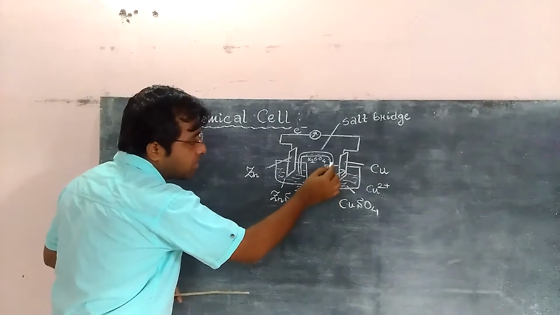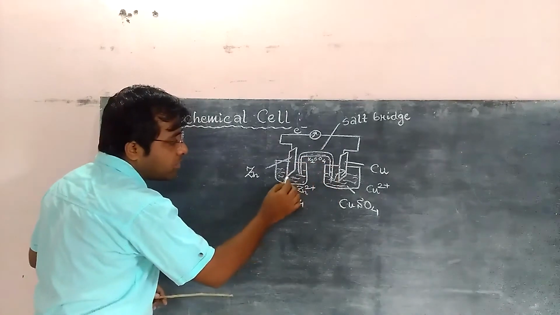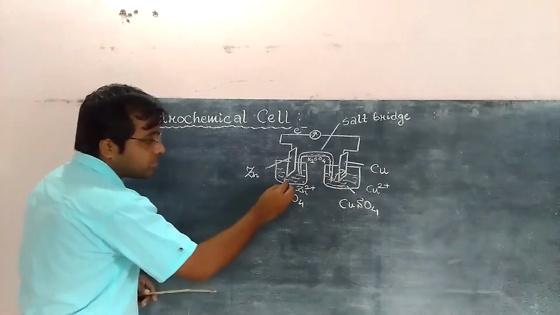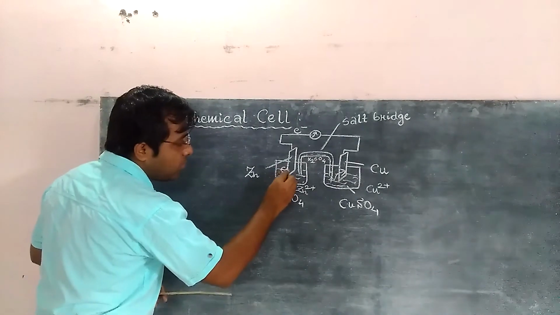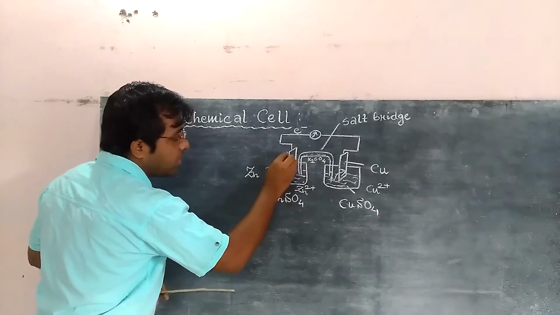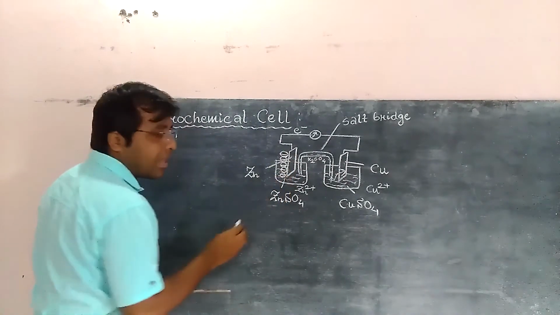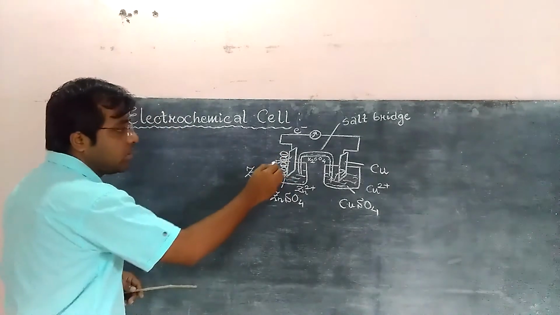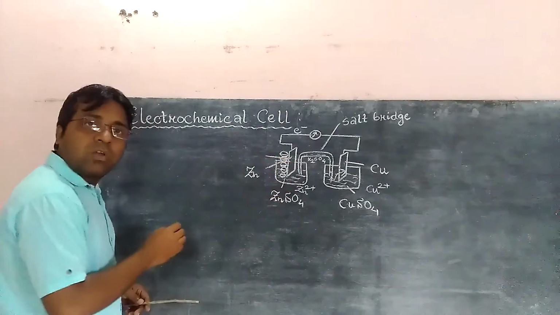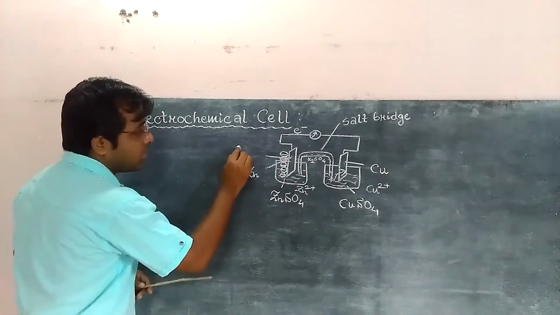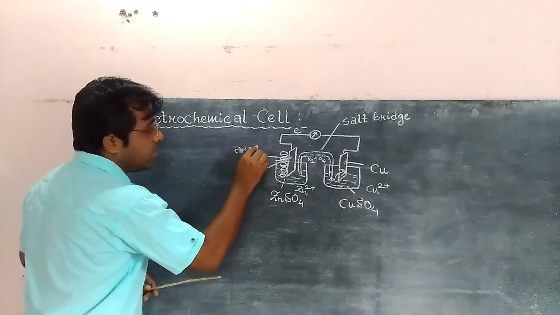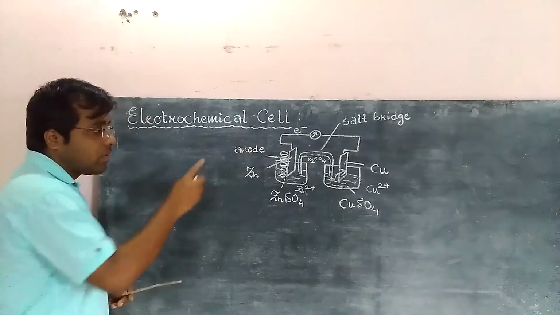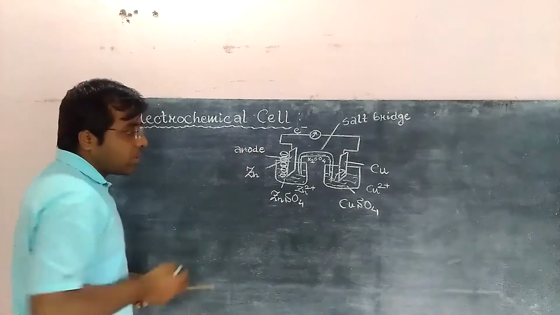After the passing of sulphate ion into this beaker, slowly negative charges will accumulate over the zinc plate or the zinc electrode. This way, the zinc rod will become negatively charged, and this is considered as an anode. Remember, this is considered as an anode here.